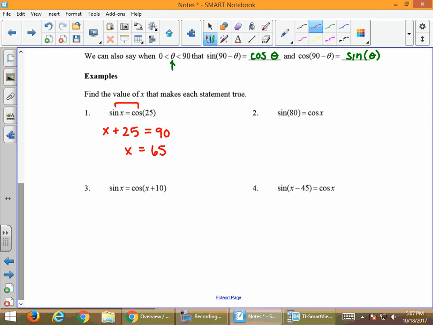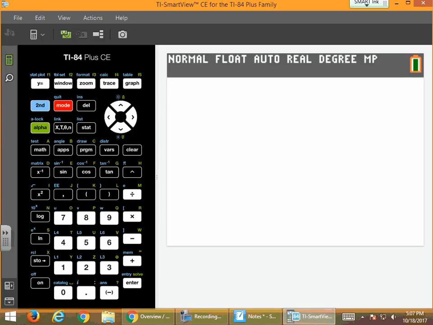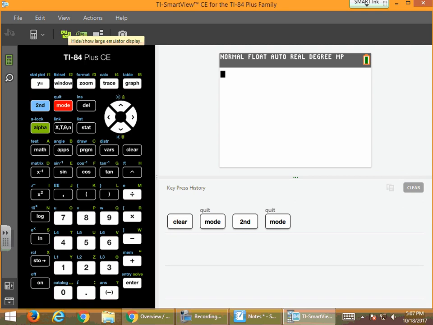So I'm actually going to check this in my calculator. X is 65.